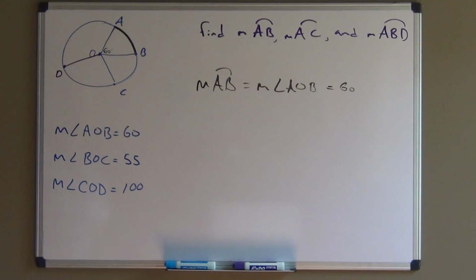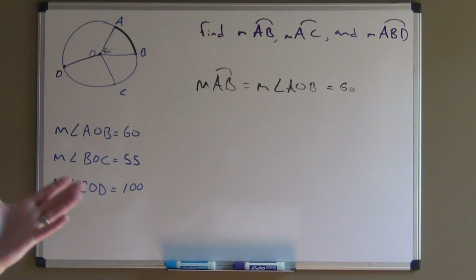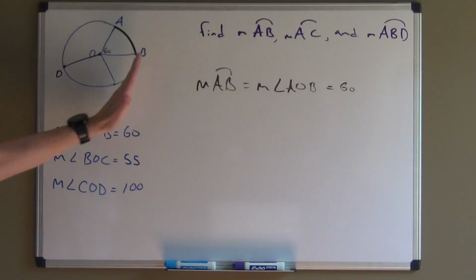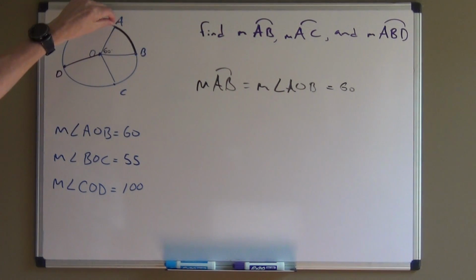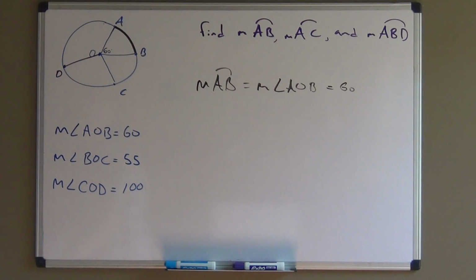If I want to find the measure of arc AC, this is still a minor arc, so I'm still just using those two letters A and C. I am going to recognize that it's going to be the same as the measure of this entire central angle, AOC.